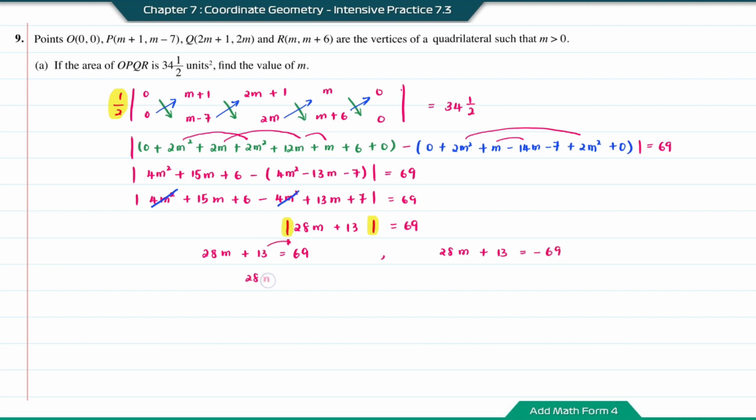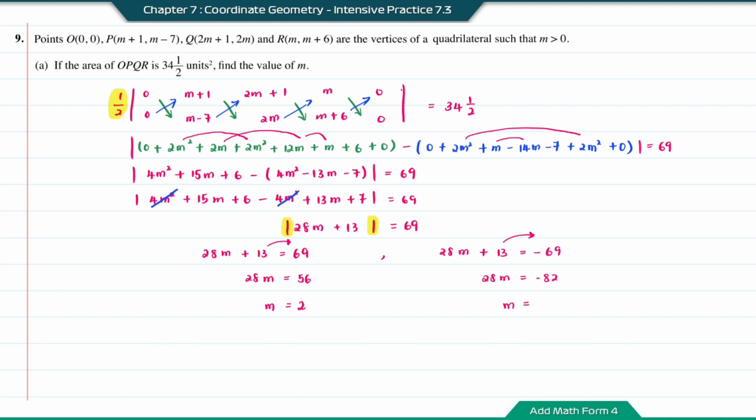So for the first one, 28m is equal to 69 minus 13, which is equal to 56. Then m is equal to 56 divided by 28, which is equal to 2. As for the second one, 28m is equal to negative 69 minus 13, which is equal to negative 82.